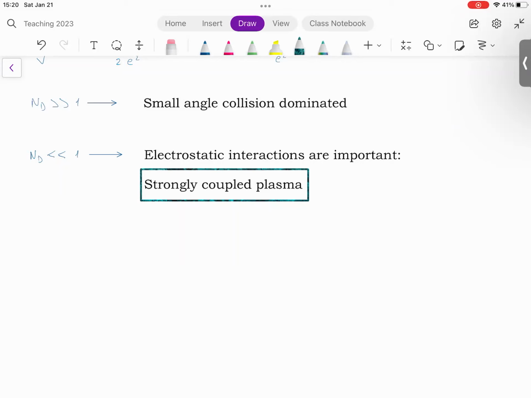Now, one last thing, it's actually going to be pretty interesting what happens in between. I said if the plasma parameter is much larger than 1, then I have a weakly coupled plasma, small angle collisions are dominant. Okay, I can buy that. The opposite, if it's much less than 1, strongly coupled plasma, and what follows. What if the plasma parameter is of order 1, or a little less than 1, or a little more than 1?